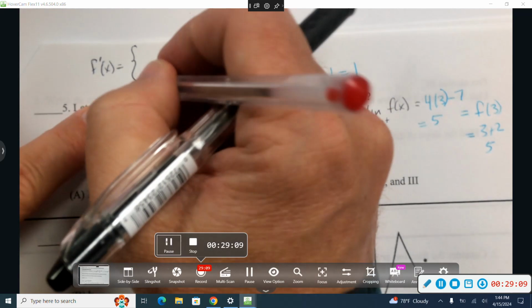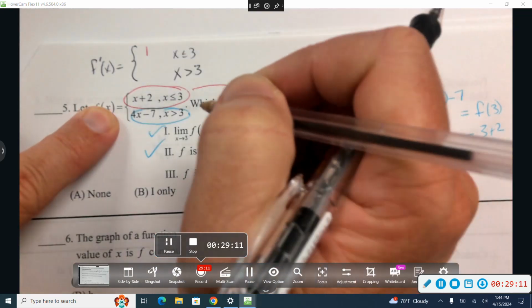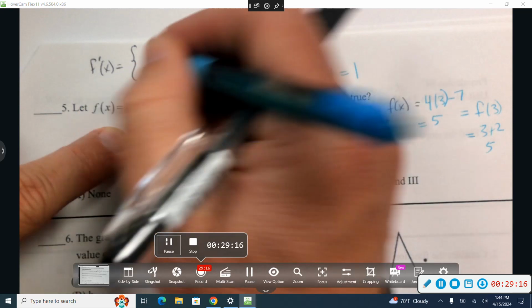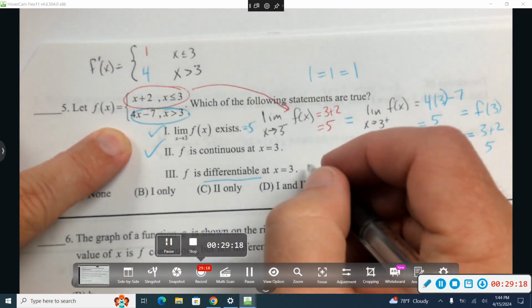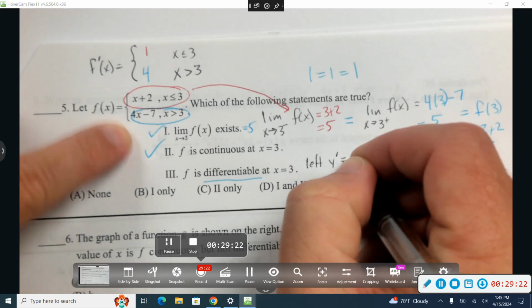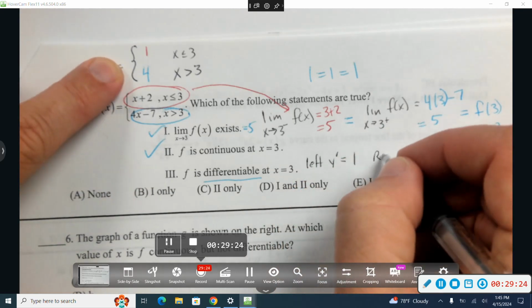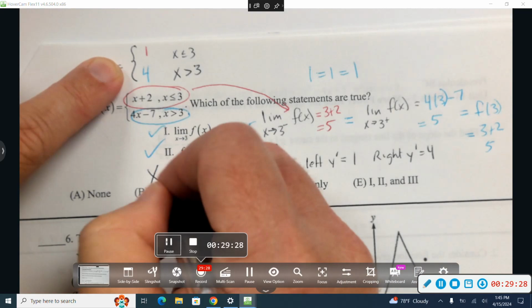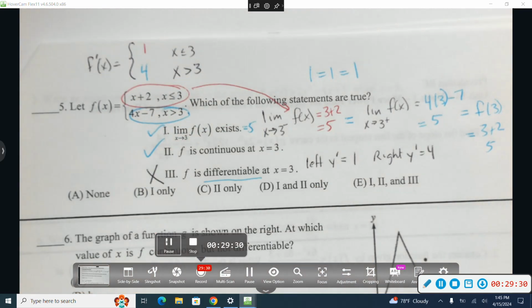The derivative of x plus 2 would be 1, and the derivative of 4x minus 7 would be 4. So the left y prime would be 1, and the right y prime would be 4. So no, it is not differentiable. There is a cusp there.